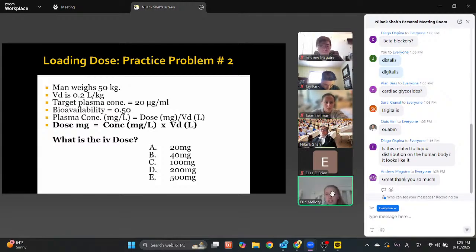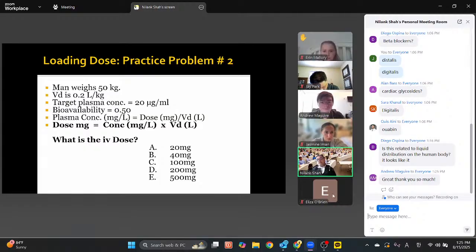When we calculate VD, it is always the drug administered intravenously divided by the plasma concentration of the drug. So we don't take that into account because it is always 100%. We are injecting intravenously when we calculate VD for any drug.